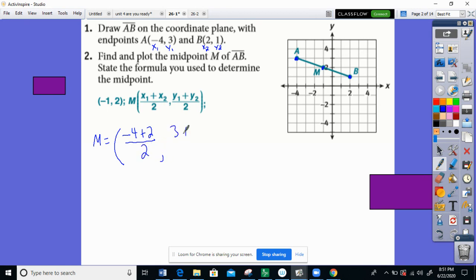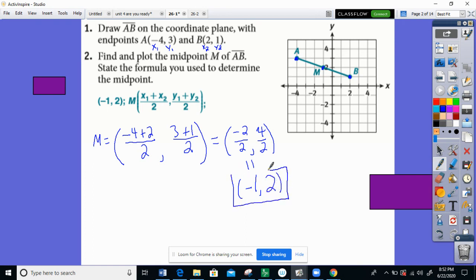Y1 is 3 plus 1 divided by 2. So -4 plus 2 is -2. 3 plus 1 is 4. And when we do our division there, -2 divided by 2 is -1. 4 divided by 2 is 2. And so that's how we end up with the final answer.